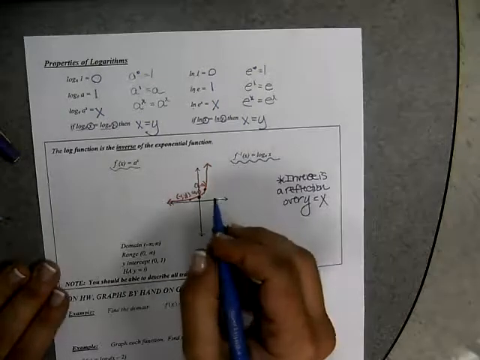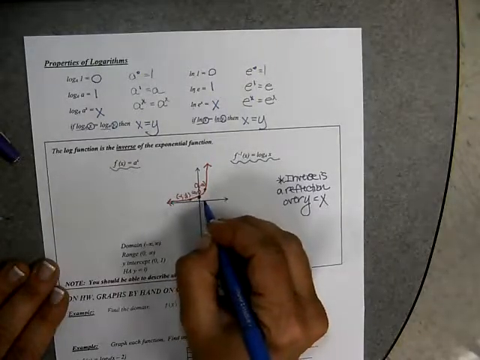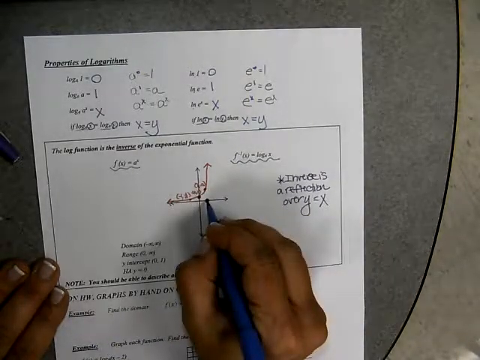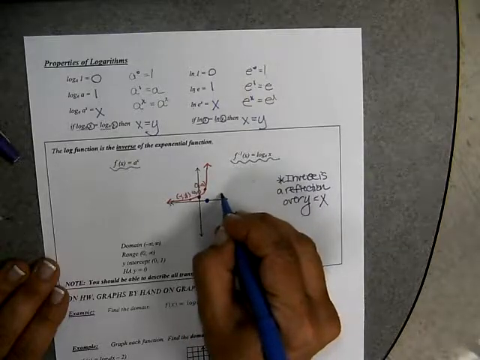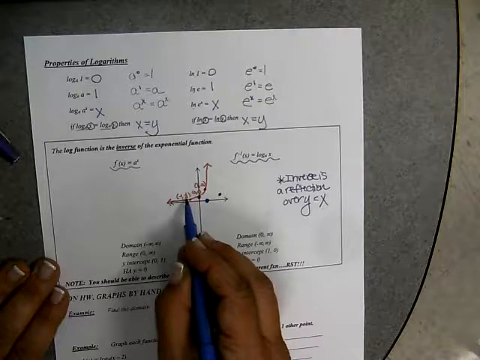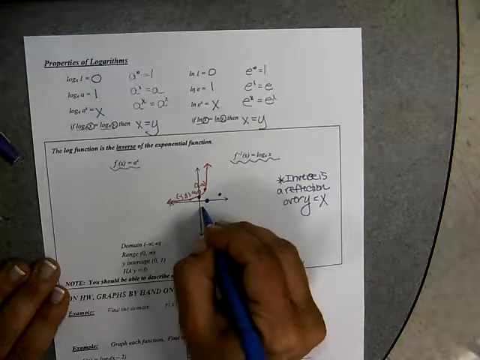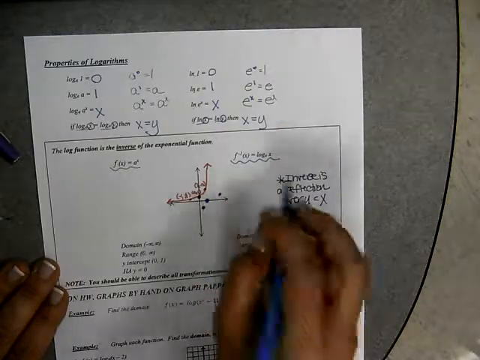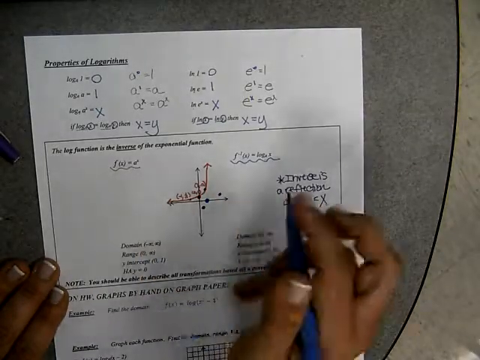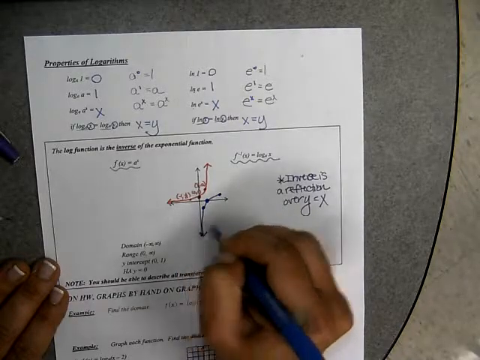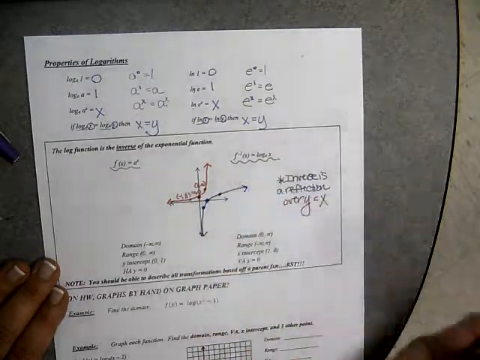So that means instead of this (0, 1) that we plotted first, we would have (1, 0). Instead of (1, a), we would have (a, 1). Instead of (-1, 1/a), we'd have (1/a, -1). And so essentially, then instead of having a horizontal asymptote of y equals 0, now we have a vertical asymptote of x equals 0.